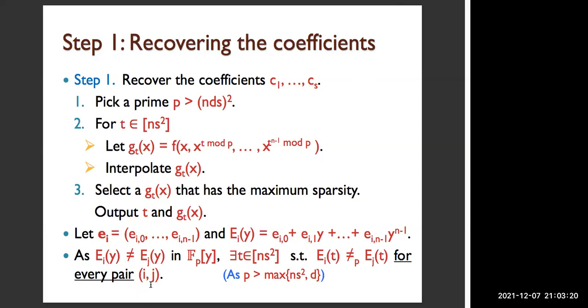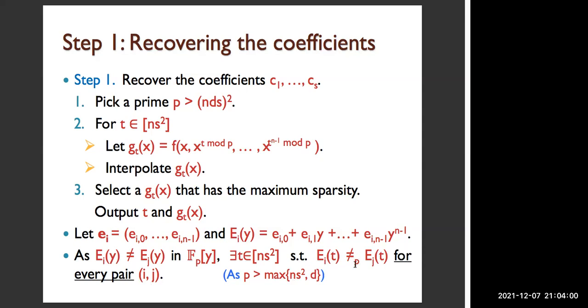Why is that? Because for every pair e_i, e_j, how many t's can there be where they coincide? Each such t would be a root of the univariate polynomial e_i minus e_j, which has degree at most n minus 1. So there can be n minus 1 bad t's, like roots, where e_i and e_j are the same. And this can happen for any one pair, and there are s squared many pairs. So how many such bad t's can there be, where some e_i(t) becomes equal to some e_j(t) mod p?